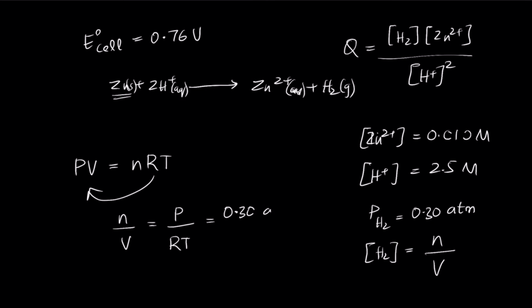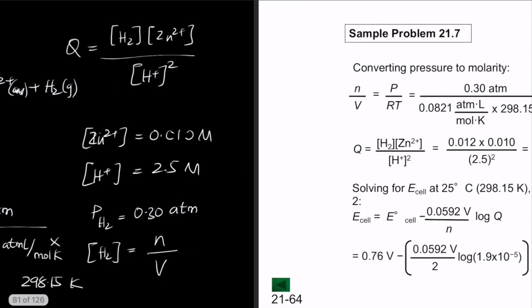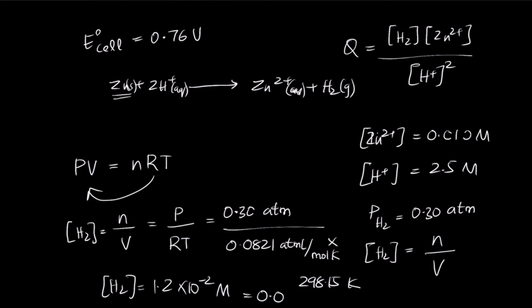And the R value in atmosphere is 0.0821 atmosphere liter per mole Kelvin, times the temperature, which is 298.15 Kelvin at room temperature. When you calculate the final value, that gives you the concentration of H2. So the concentration of H2 becomes 1.2 times 10 to the power negative 2 M, which is basically 0.012 M.